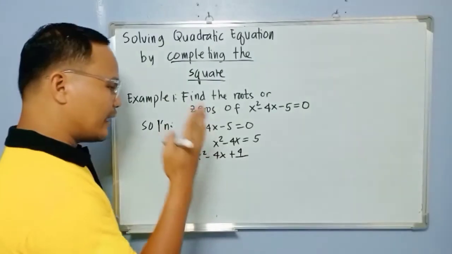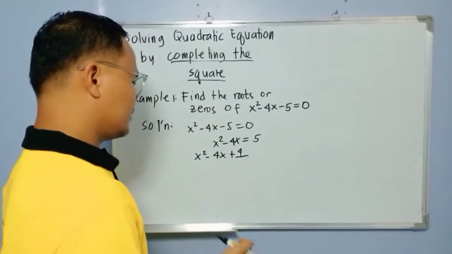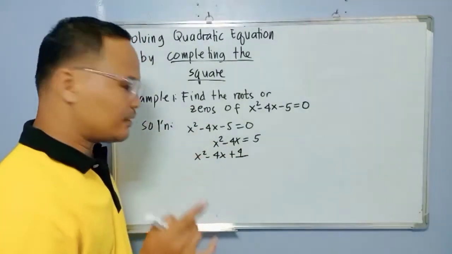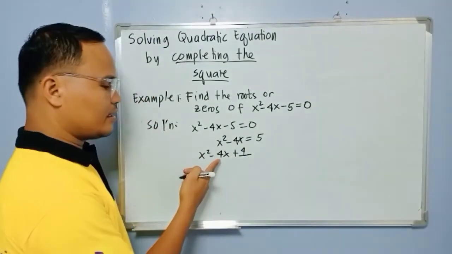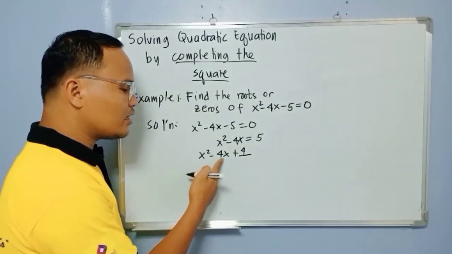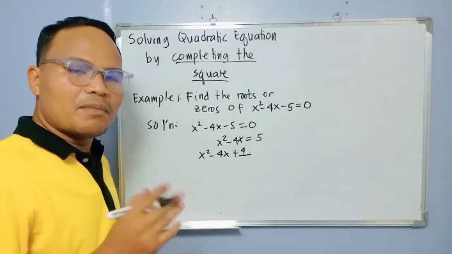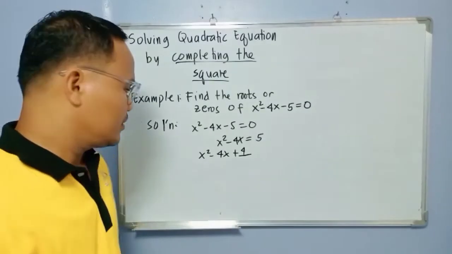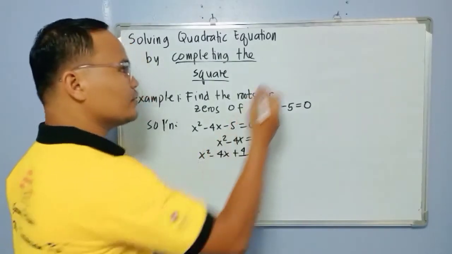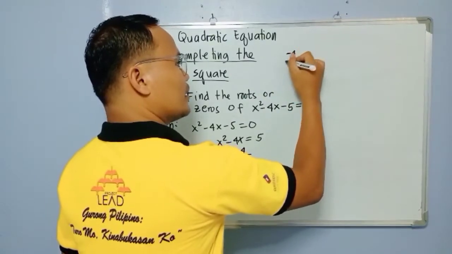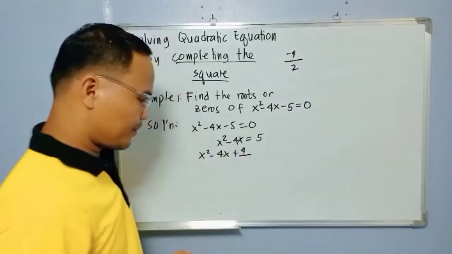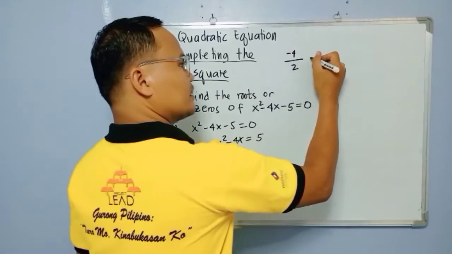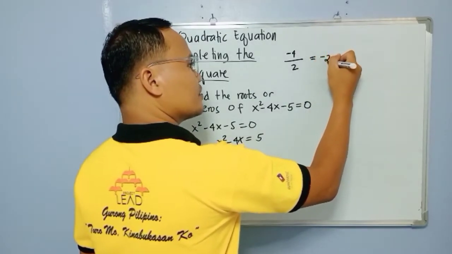Why is it that we add 4? It's because the process is we are going to divide the coefficient of the linear term by 2. So we have negative 4 divided by 2. What is the result? The result is negative 2.